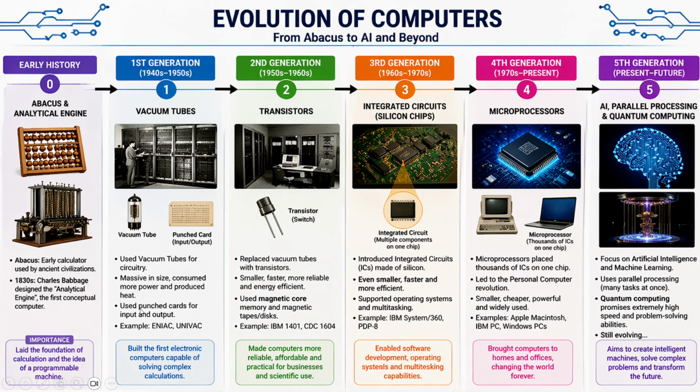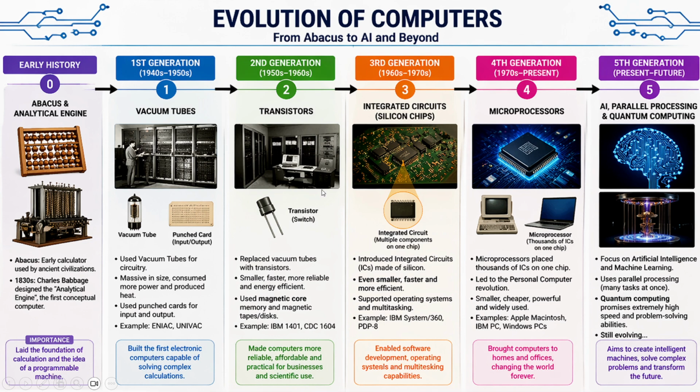They were not accessible to normal people, the public. They were very few because, obviously, look at the size. They used punch cards for input and output, so these were only for the privileged few. They were the first electronic computers, capable of solving complex calculations.